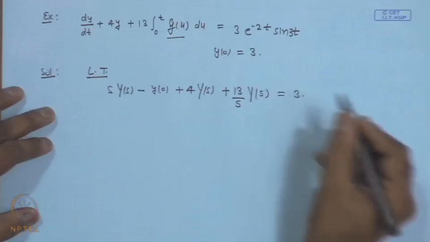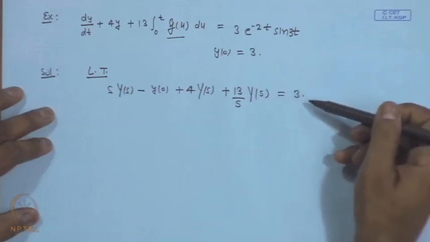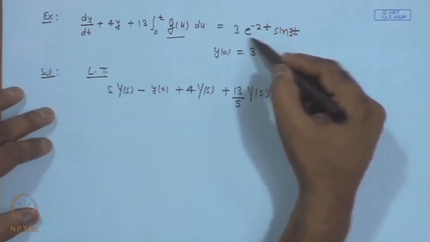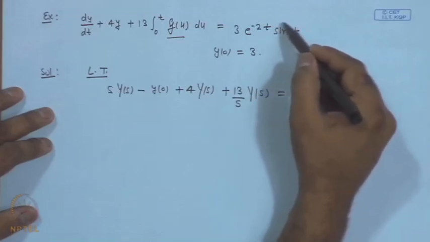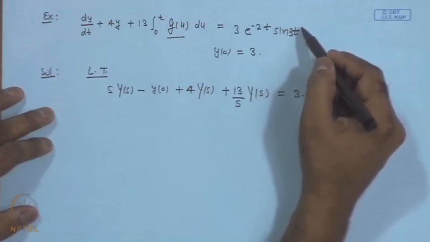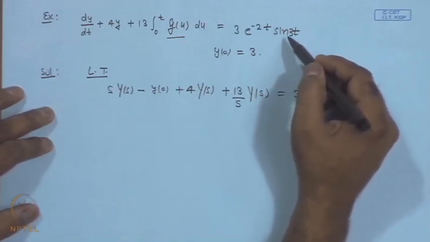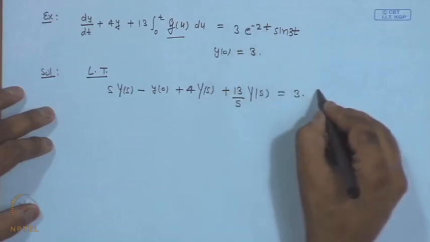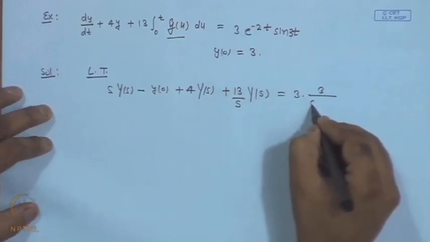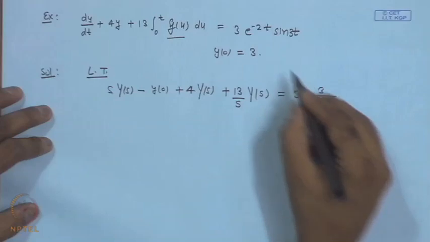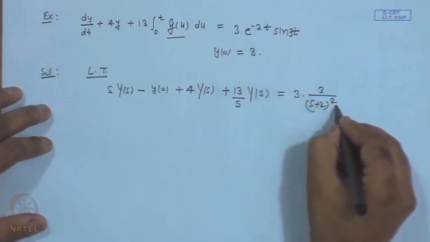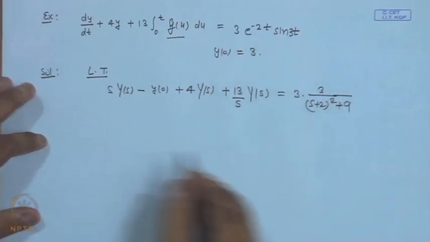Then we have 3, and then we have the first shift property, e^(-2t) sin 3t. For sin 3t, the Laplace transform is 3 over s square plus 9, but we have this shift here, so we have 3 over (s plus 2) whole square plus 9, instead of s, because of this e^(-2t).